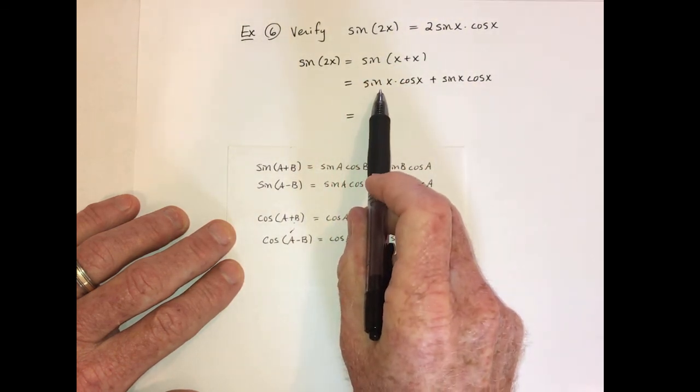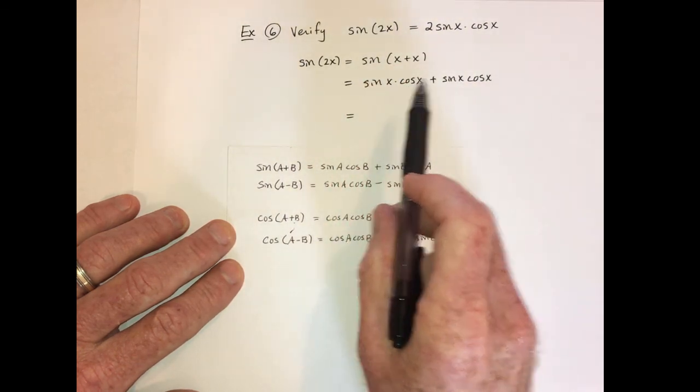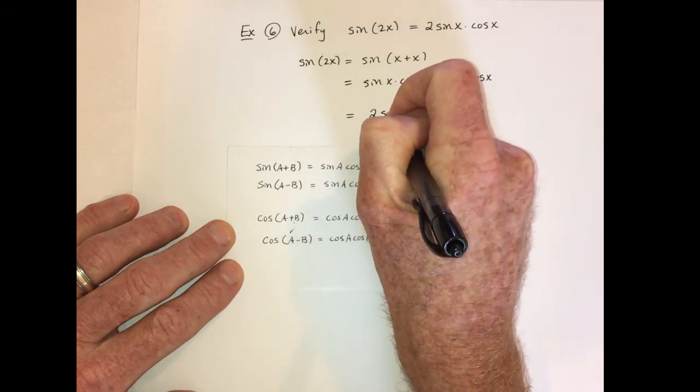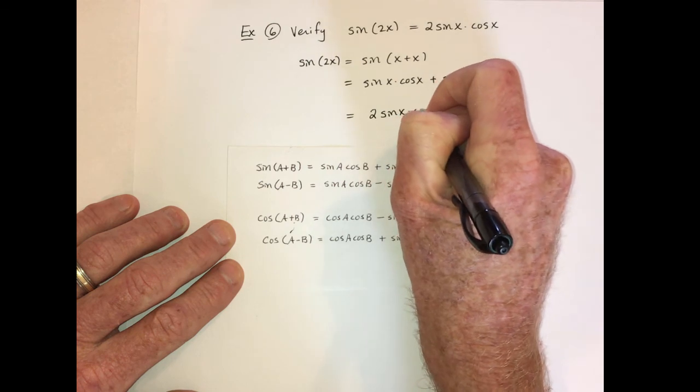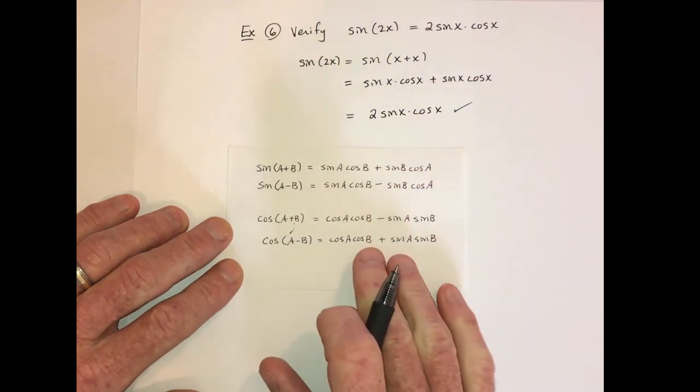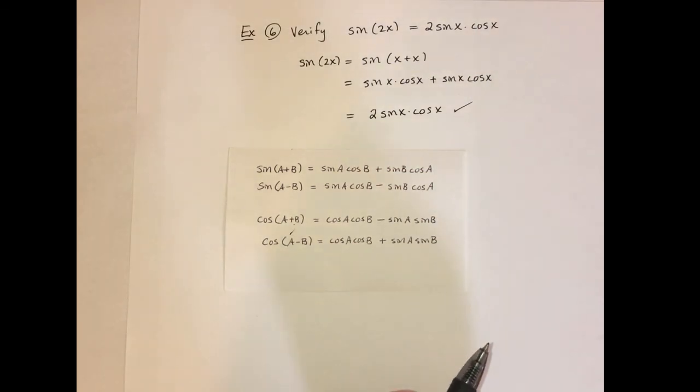And then these are the same. Since you're adding them together, it means there's 2 of them that have sine of x, cosine of x. And that's exactly what we were supposed to get. So it's finished. And speaking of finished, we're now finished with section 5.2.